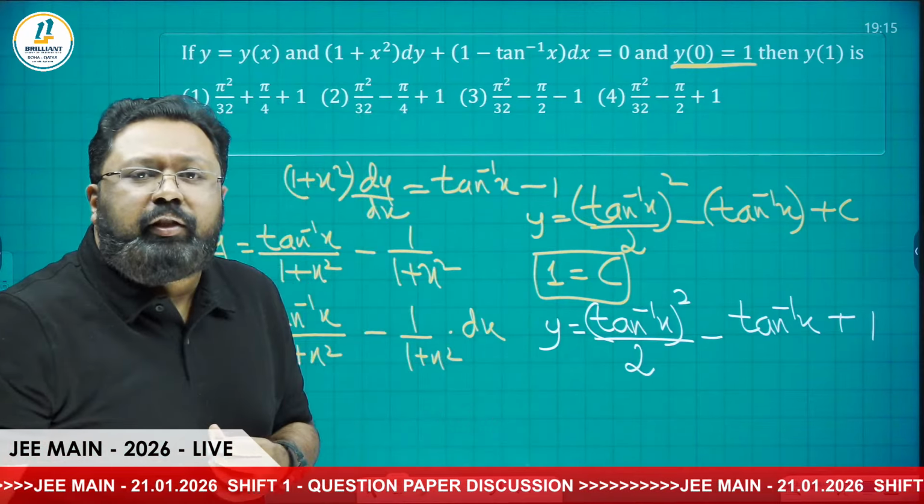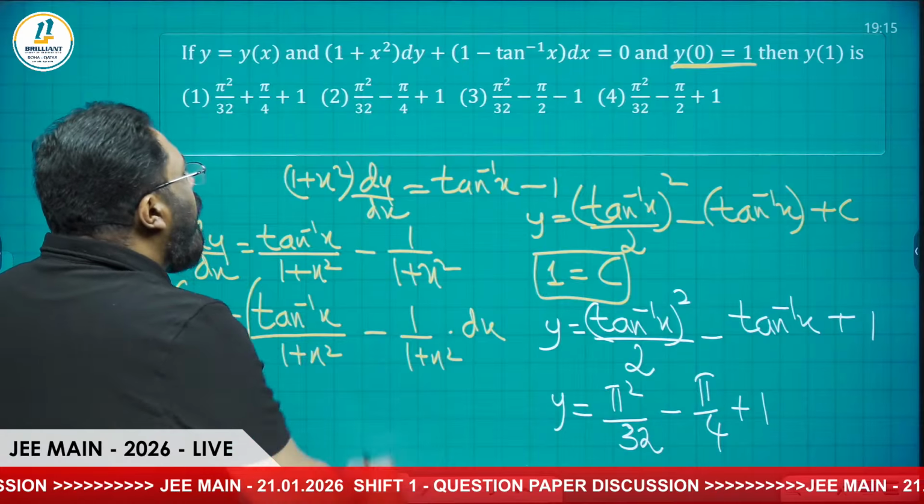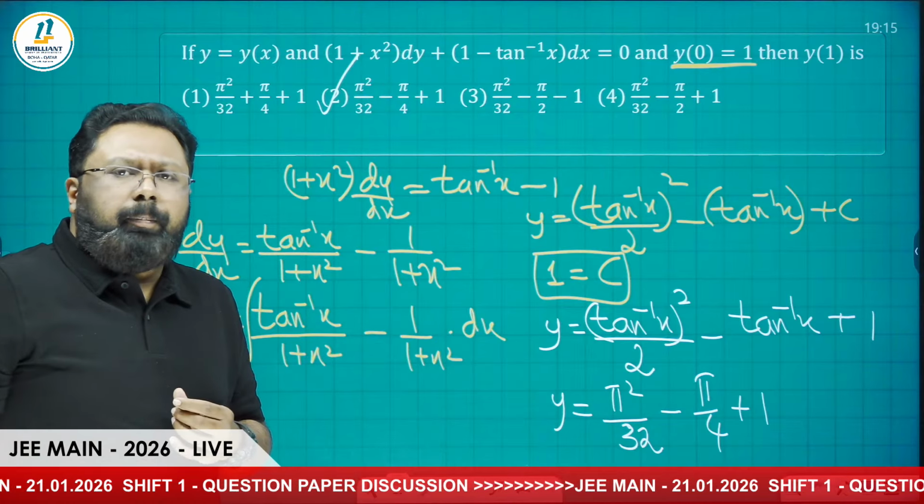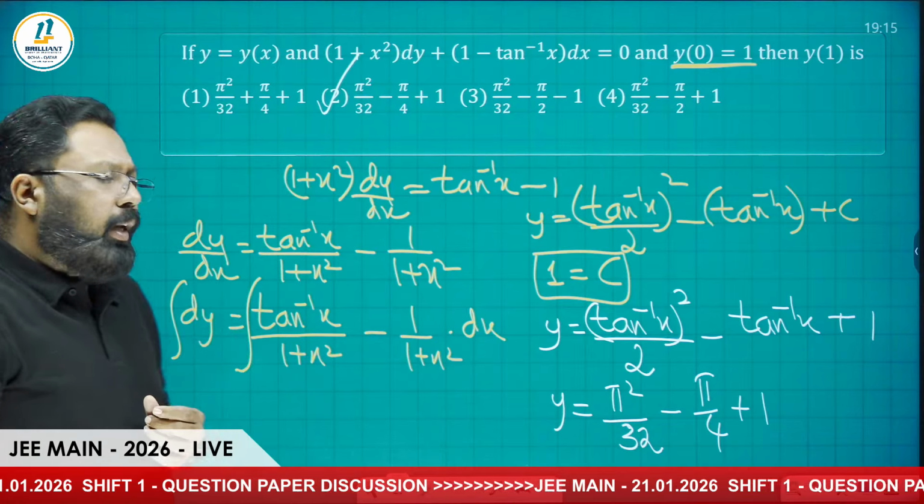So the square of that is pi squared by 16, divided by 2, so pi squared by 32, minus tan inverse of 1, again pi by 4, plus 1. So pi squared by 32 minus pi by 4 plus 1, option 2 is your answer. A very, very simple answer, my dears. Okay? Yes. Look at the next question.